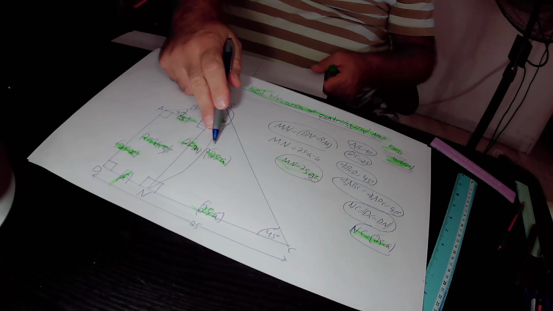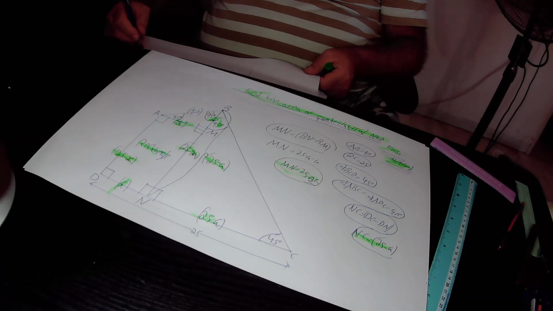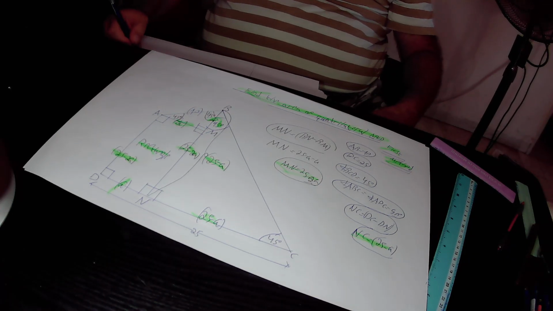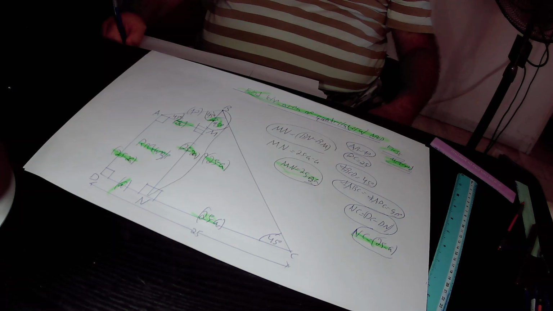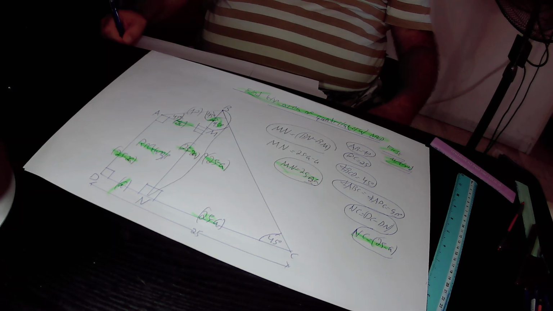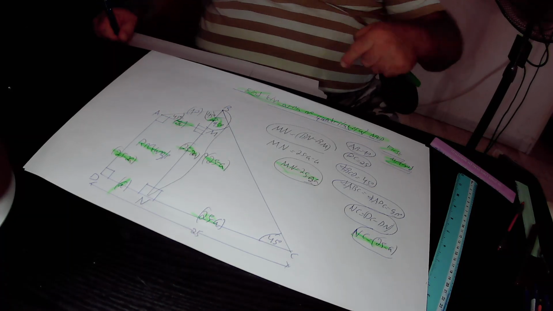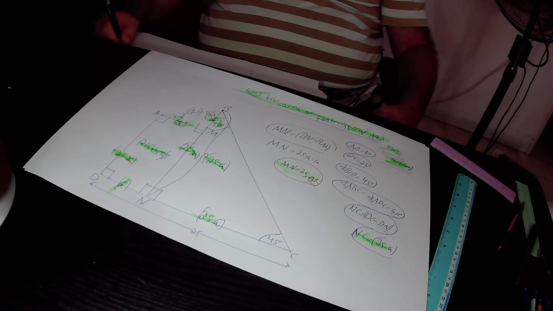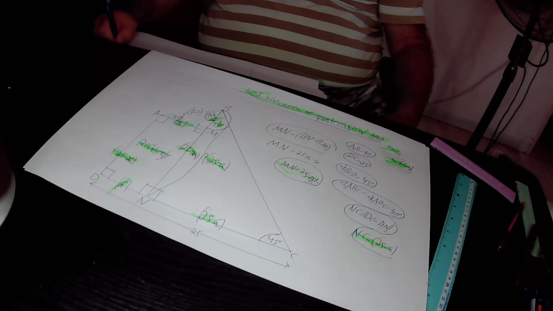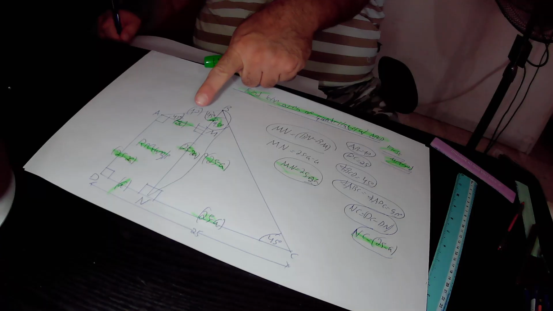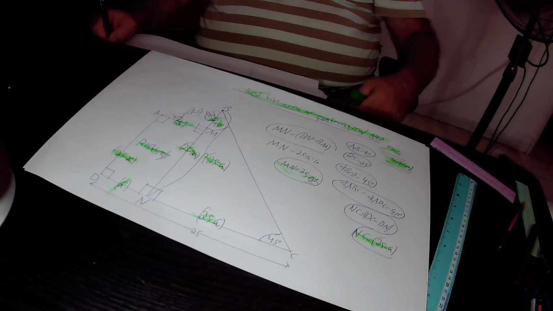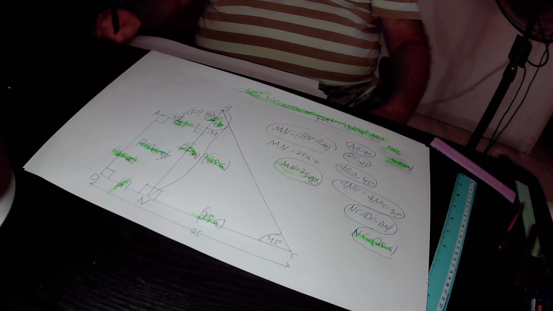BN is 25 minus A, plus AD. AD is 25 minus 2A, times the height AM. AM is A, divided by 2.